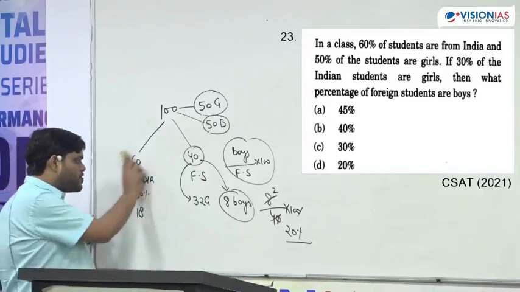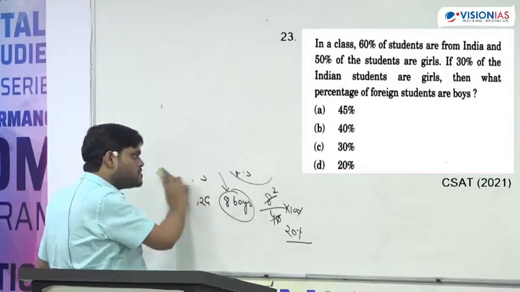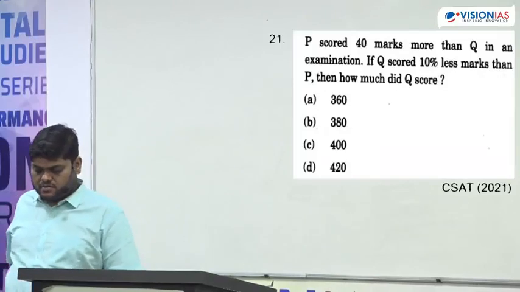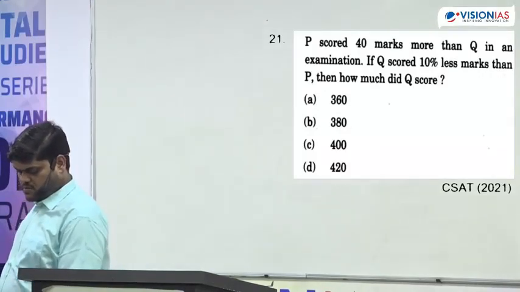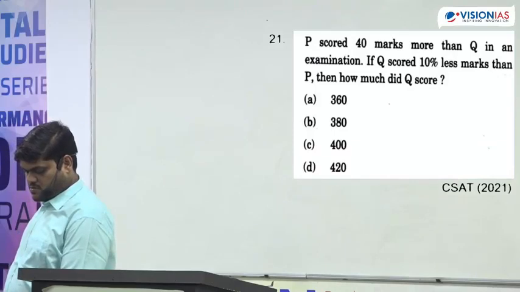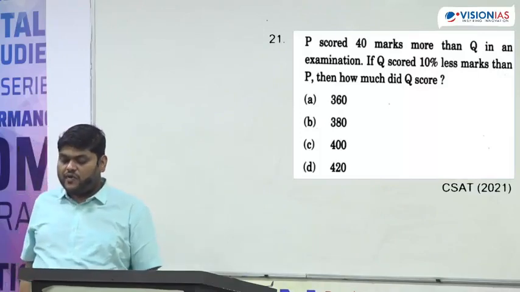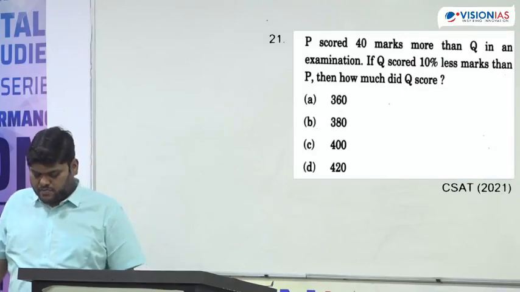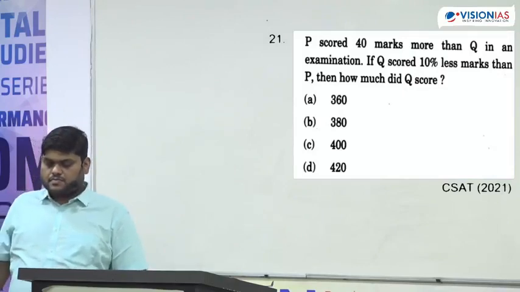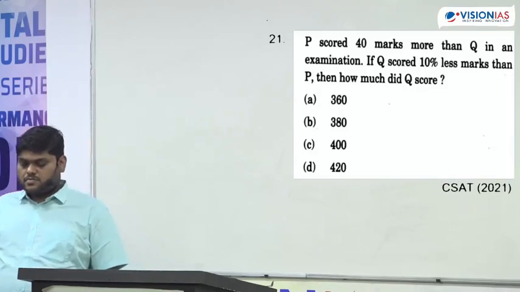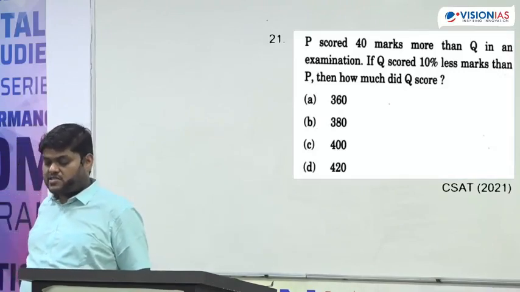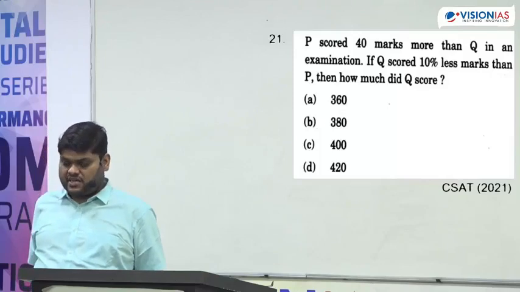Okay. Now try question number 21. The question is, P scores 40 marks more than Q in an examination.